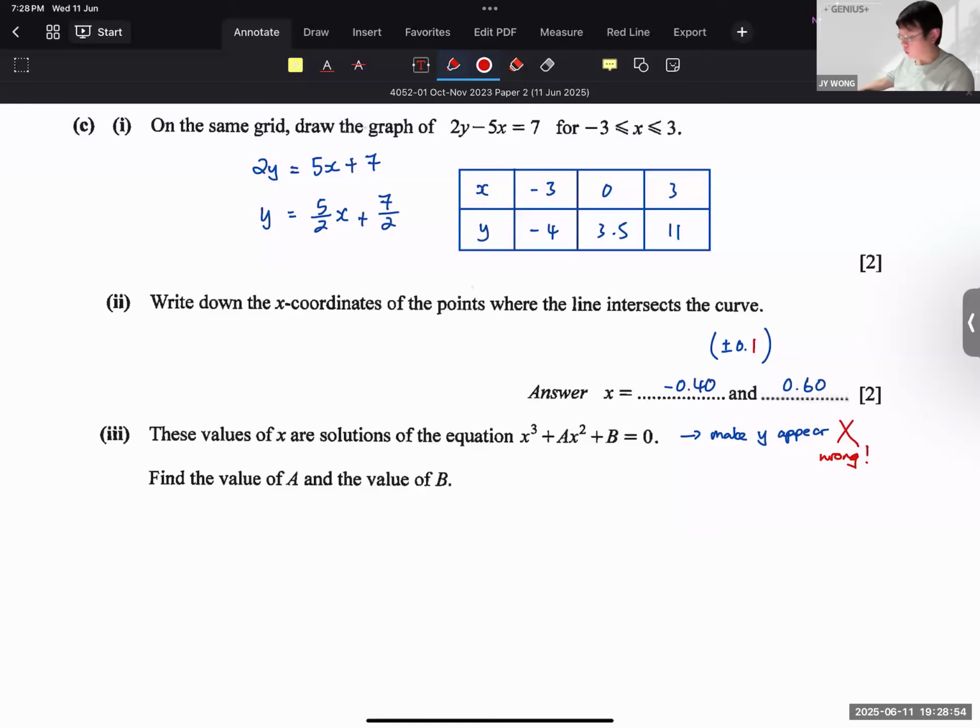Okay, what do I need to do for this question? The key phrase here being, what do I need to do?